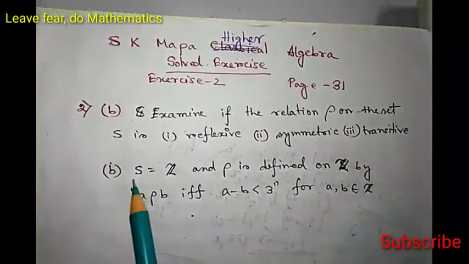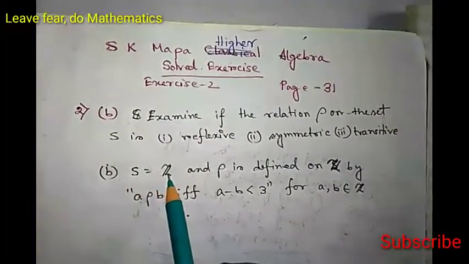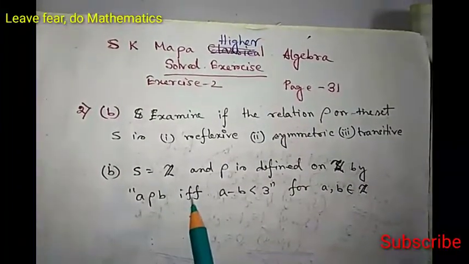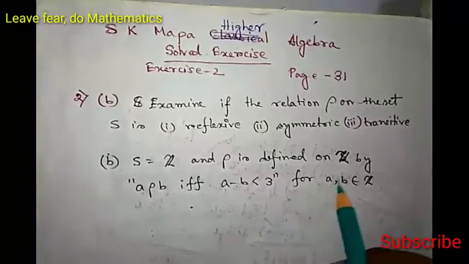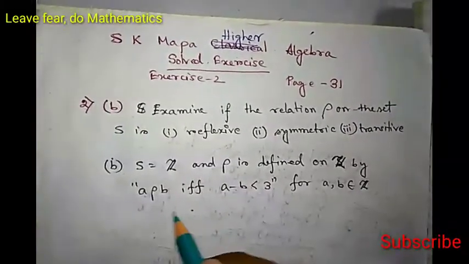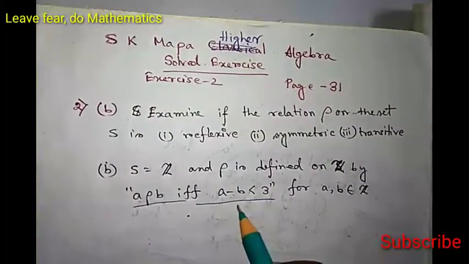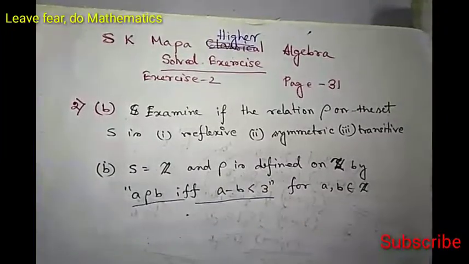Suppose S is equal to the set Z and rho is defined on Z by a is related to b if |a minus b| is strictly less than 3 for all a, b belonging to Z. So we have to check whether this relation, given by a rho b if and only if |a minus b| less than 3, is reflexive, symmetric or transitive.